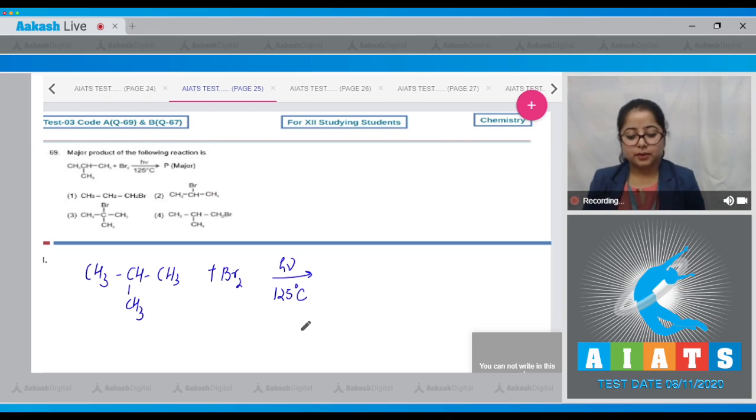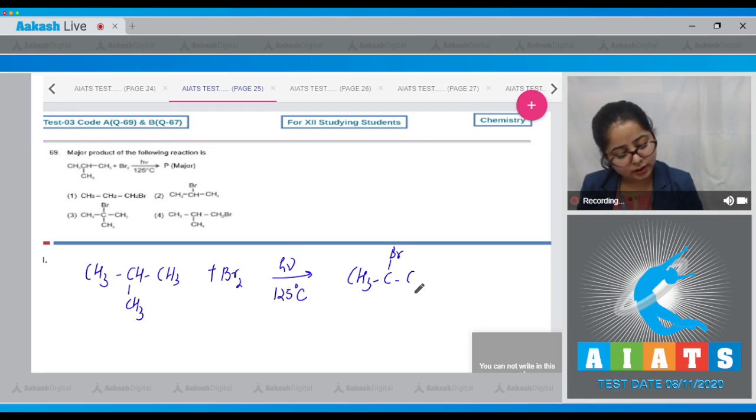Students, this is the method for bromination of alkane, and the mechanism is free radical mechanism, and the attack is preferred on 3 degree over 2 degree and 1 degree. And if we talk about 2 degree and 1 degree, the attack is preferred on 2 degree carbon. So students, two products are formed, CH3, C, Br, CH3.